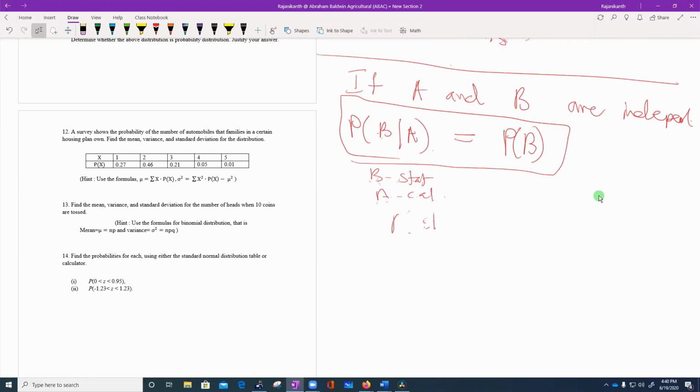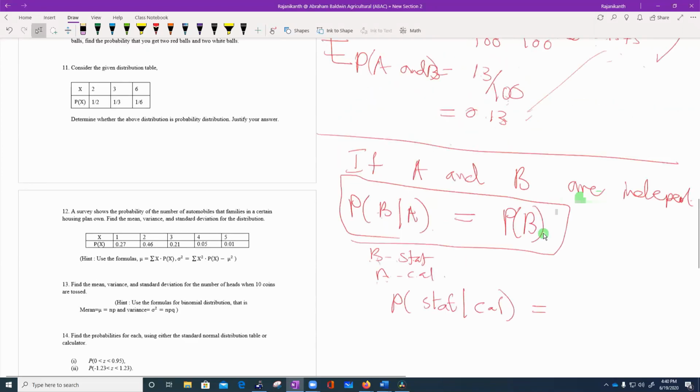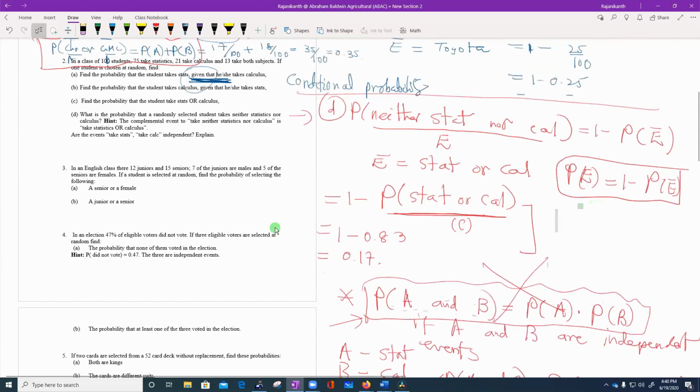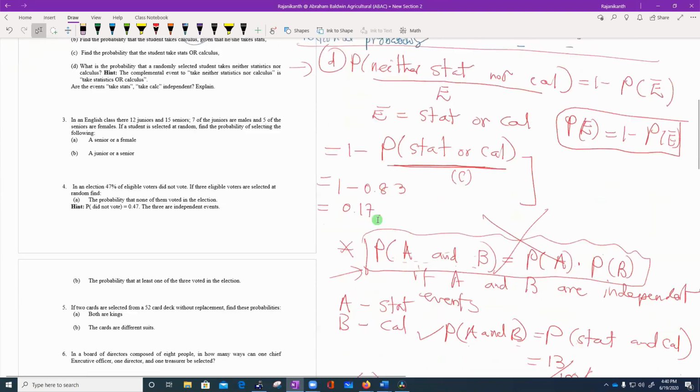The probability of stats given calculus, do you know the answer of this? We got this answer earlier. The probability of statistics given calculus, which part was that? The first one, right? Part A answer.